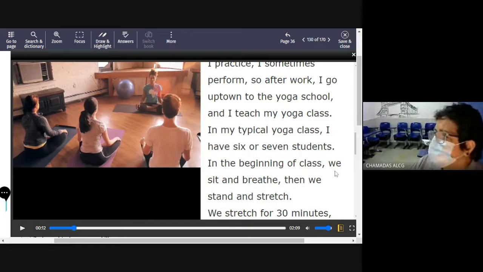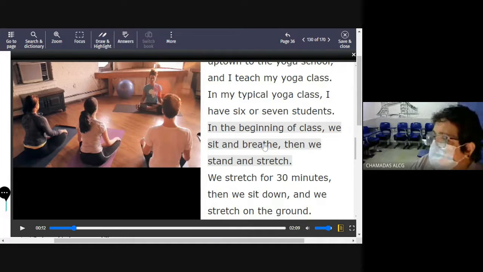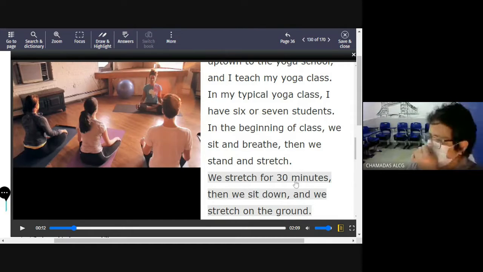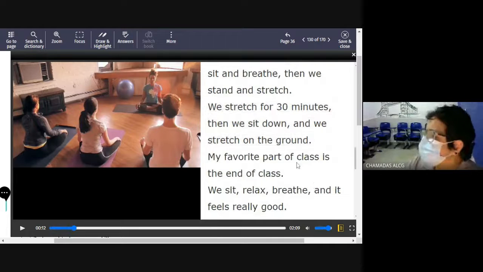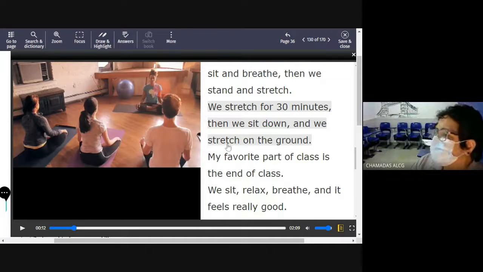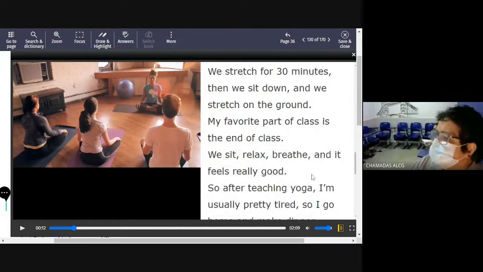In the beginning of class, we sit and breathe. Then we stand and stretch. We stretch for 30 minutes. Then we sit down and we stretch on the ground. My favorite part of class is the end of class. We sit, relax, breathe, and it feels really good.